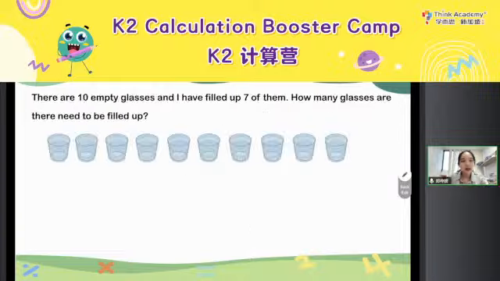Okay. Now you can see that here there are 10 empty glasses, and I have filled up 7 of them. How many glasses need to be filled up? So still, if you originally have 10 glasses in here and 7 of them are filled up, which means if you have a pen, you can shade the 7 glasses in here.